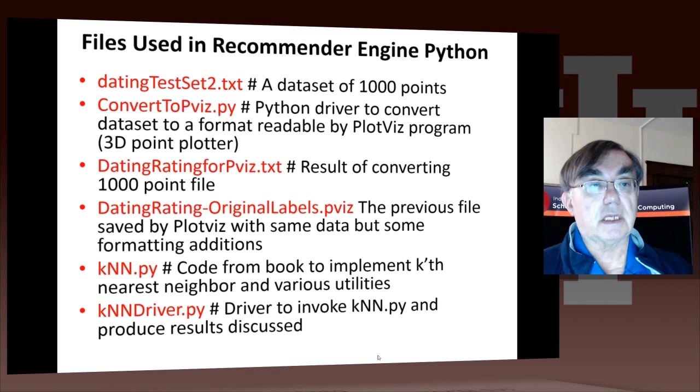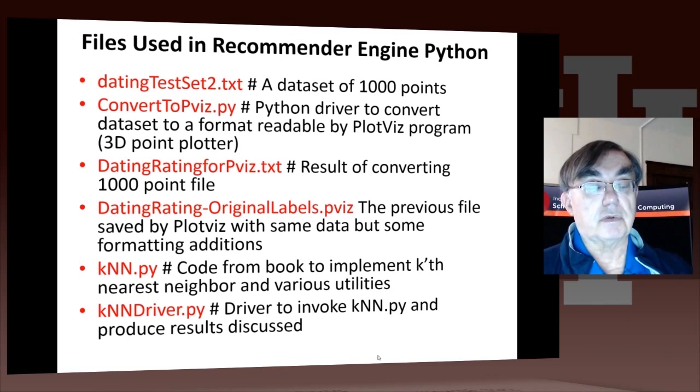This section uses the following files which are available. There is the file from the book, dating test set 2.txt, which is a data set of 1,000 points, which will be classifying and using to produce recommendations. We have a little Python driver to convert that into the format used by the 3D plotter.